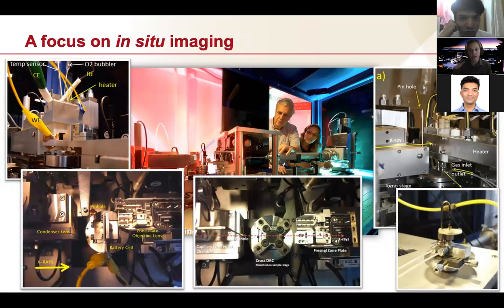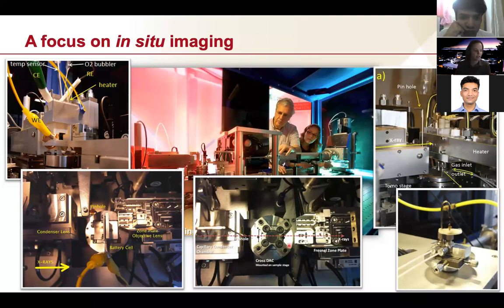So we have a lot of different in situ environments that we can do, not just batteries. Over here on the right is a heater that we do catalyst samples on. There's a little nanoreactor that can flow gases at certain pressures that goes inside that heater. So you can look at materials as you change the gas, the heat, so the temperature and the pressure.